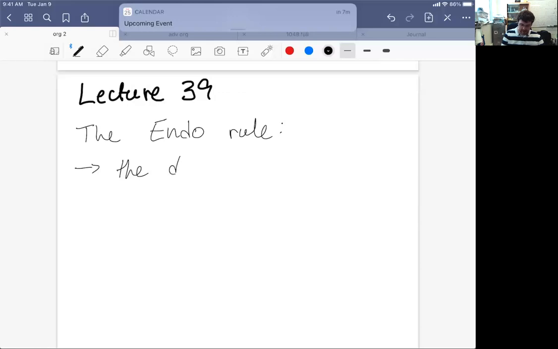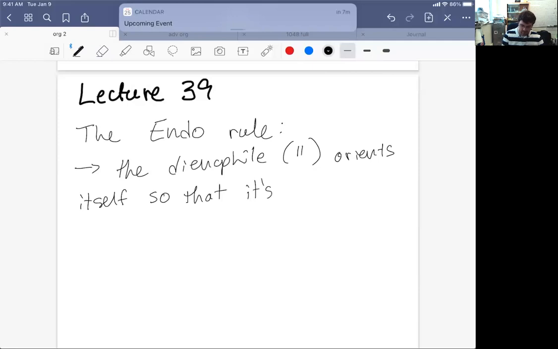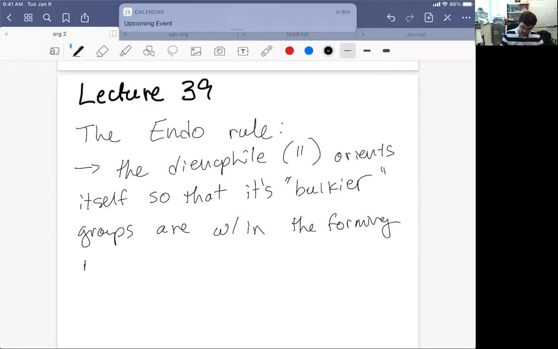That is, the dienophile, which again is our monoalkene, orients itself so that its bulkier groups, bulkier is not a great word, bulkier groups are down or within, let's do this, within the forming ring.